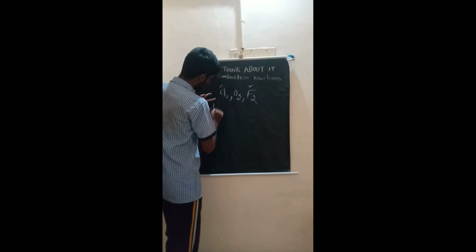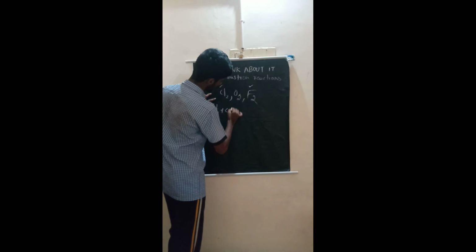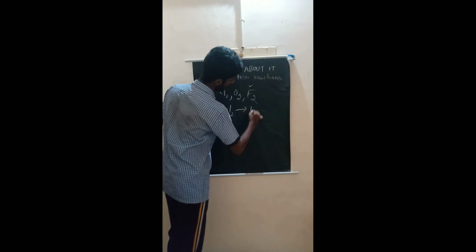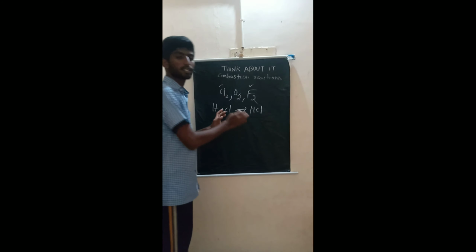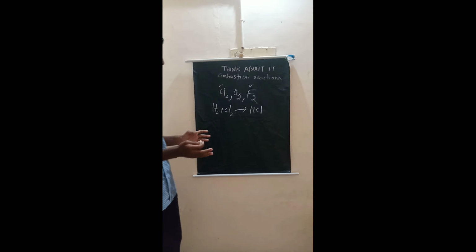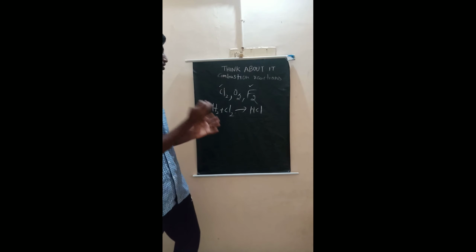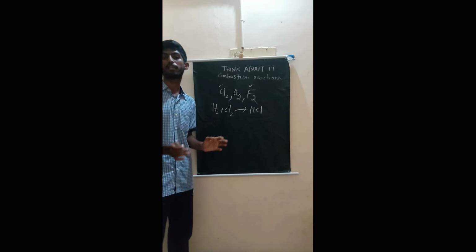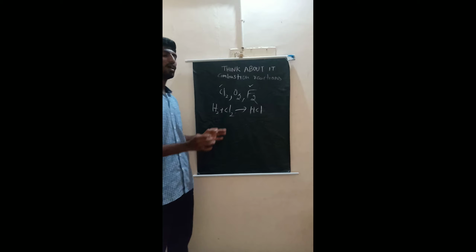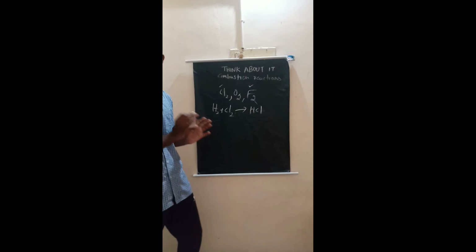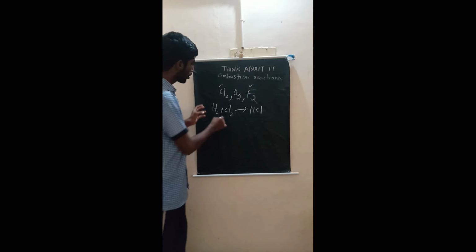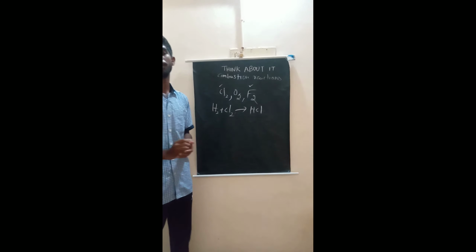For example, H2 plus Cl2 gives HCl. This reaction also releases energy, that is exothermic energy, along with heat and light, which is a characteristic of a combustion reaction. That means this also counts as a combustion reaction.